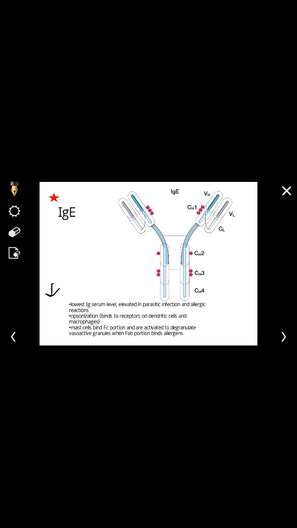But opsonization, it binds to receptors on dendritic cells and macrophages.